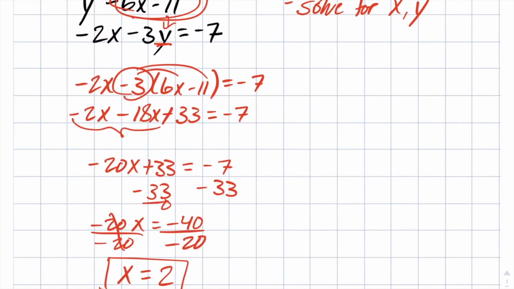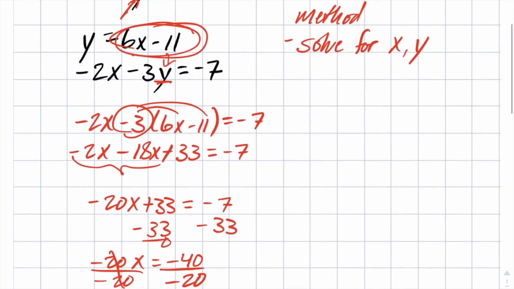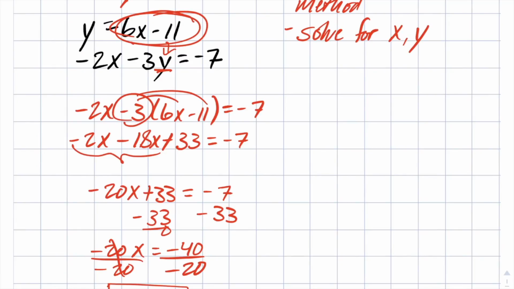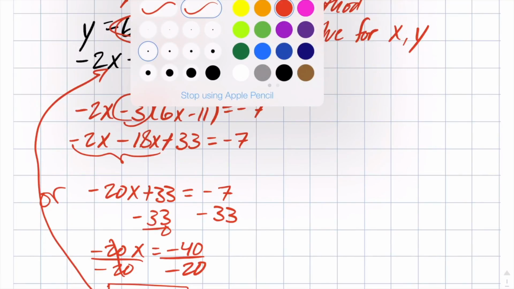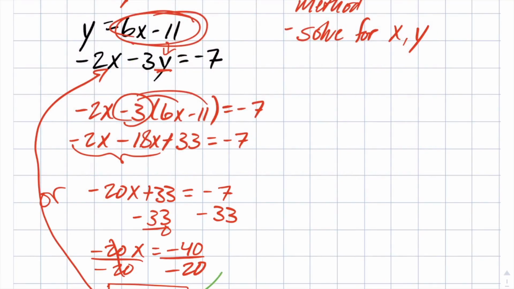Now that we know what x equals, we can solve for y. The way we're going to solve for y is to plug this in. You can plug it in there, or, and what I think you should do, plug it in here. It's easier, so let's do that one.